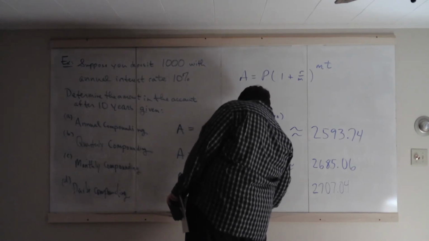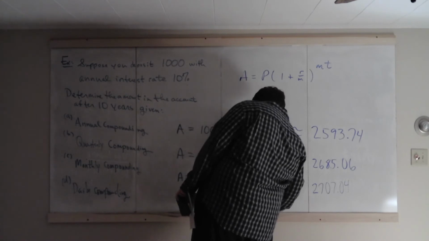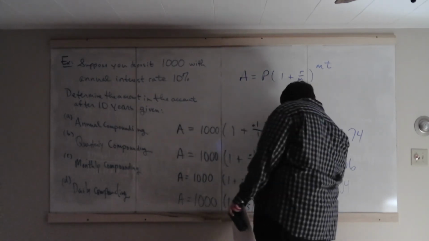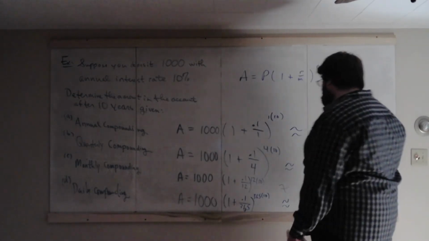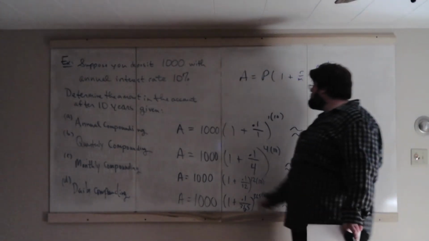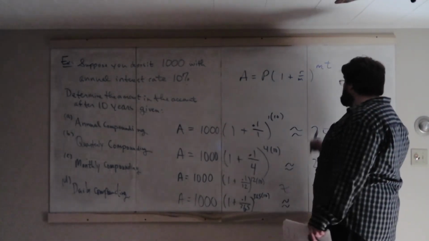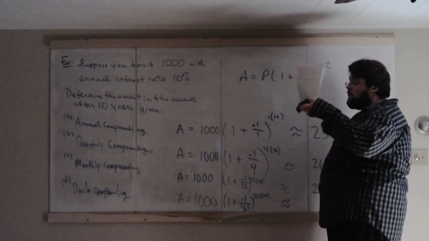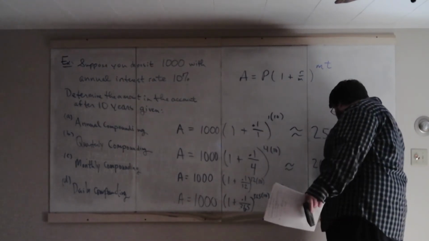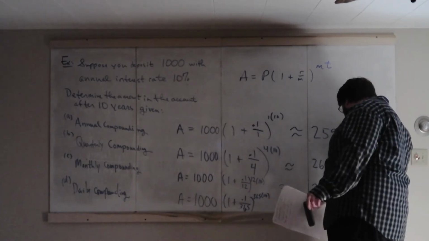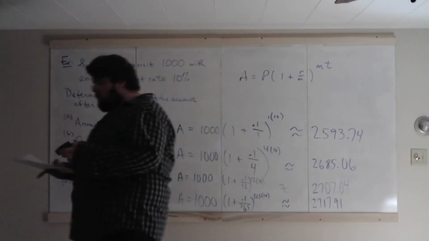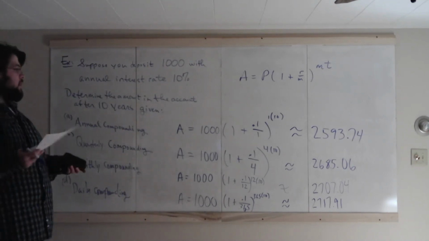So that tells us M is 365. So M is 365, P is still 1,000, R is still 0.1, T is still 10, and that equals $2,717.91.